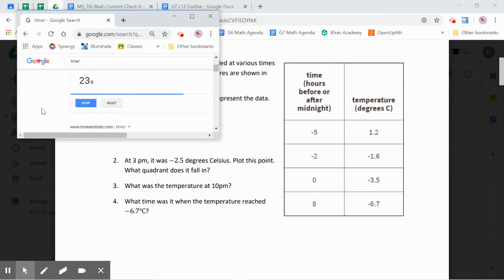We are about halfway through our time. Go ahead and make sure you put units on your answers. If you're stuck, think about if 10 p.m. is before midnight or after midnight.